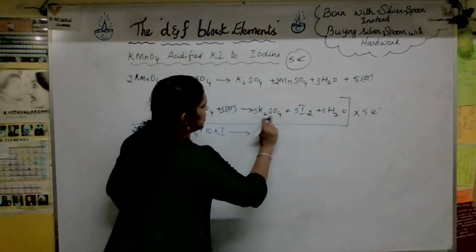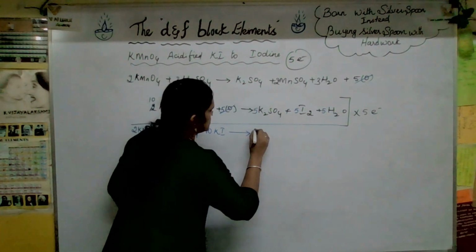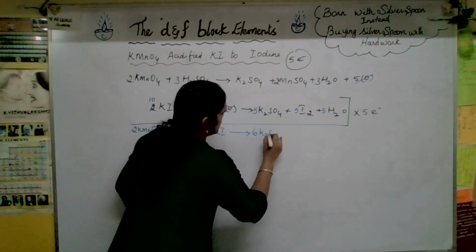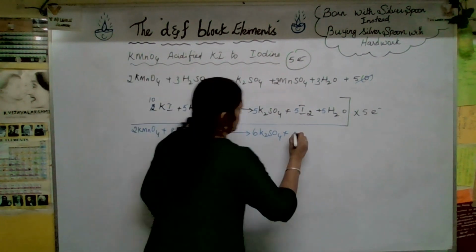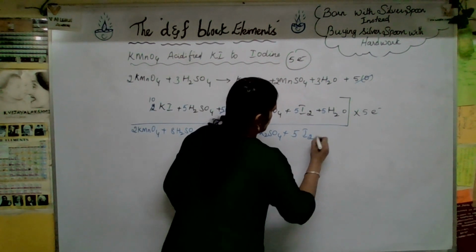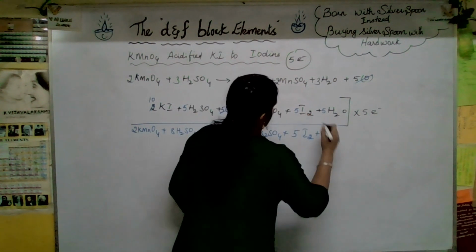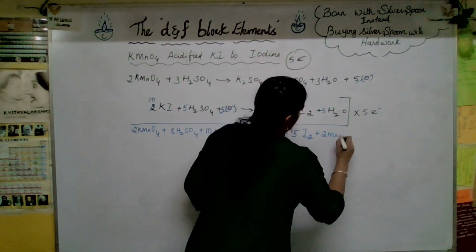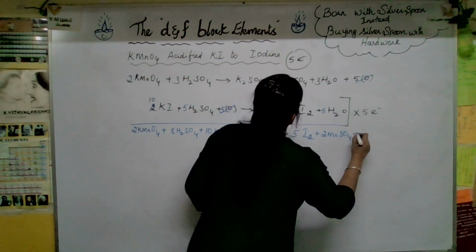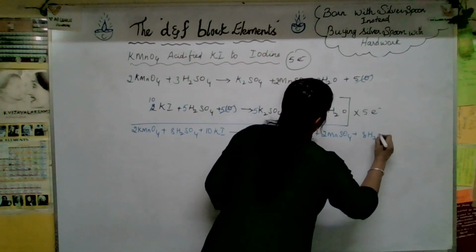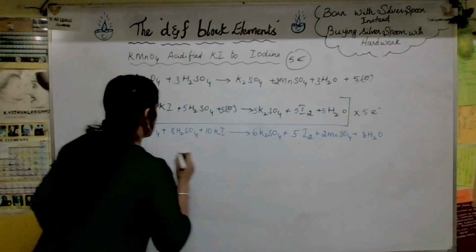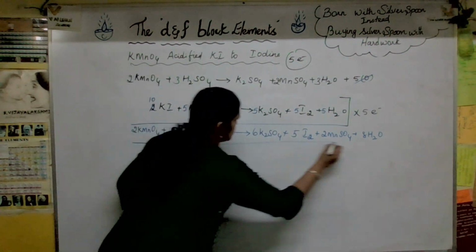Now 5 K2SO4 plus this is 1, so 6 K2SO4. Please note down. Then 5 I2 plus 2 MnSO4 plus 3 plus 5, 8 H2O. Right? This is the complete equation.